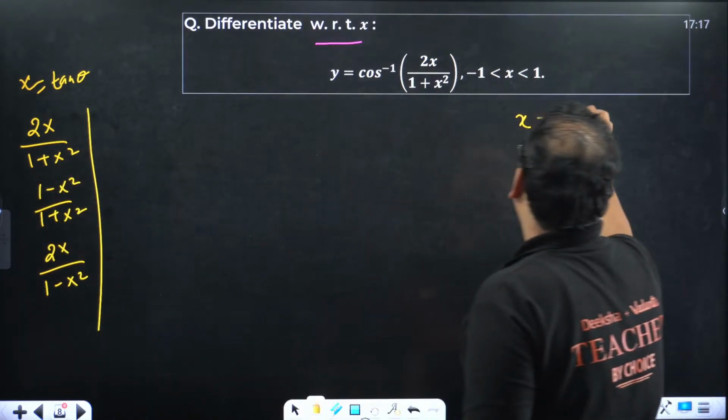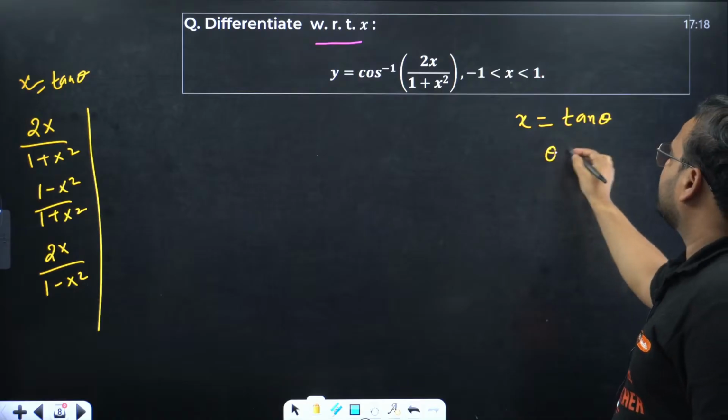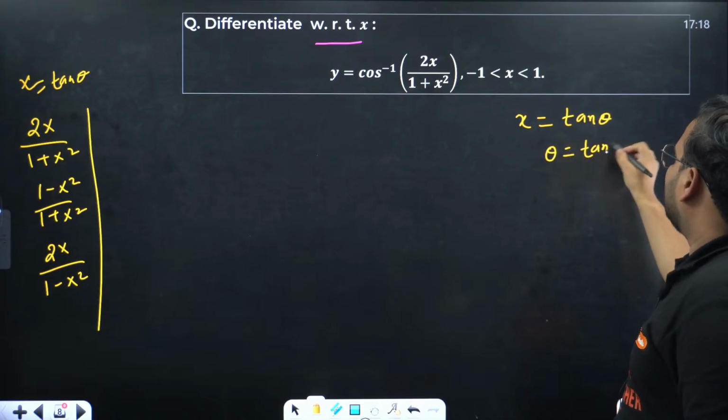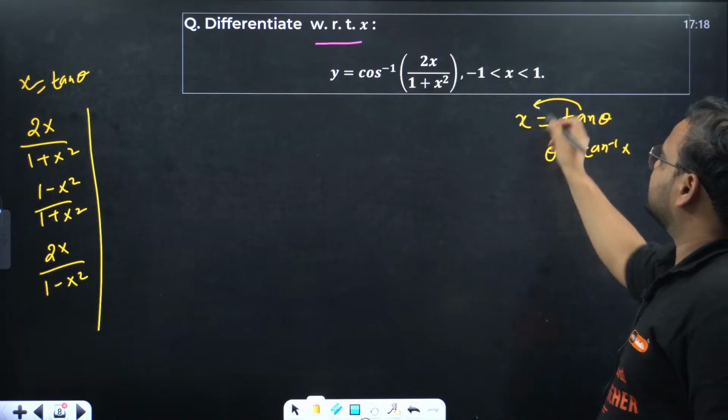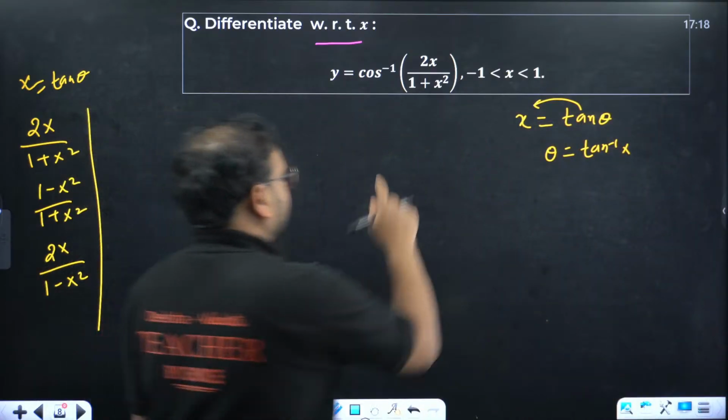Okay, so apply. Can you quickly find the value of theta also from here? It will be useful for us. If you take tan inverse on that side, theta becomes tan inverse of x. That is my substitution.